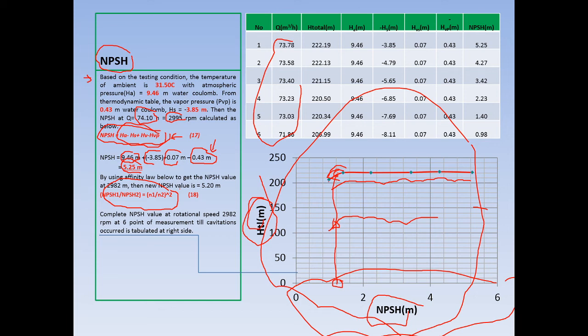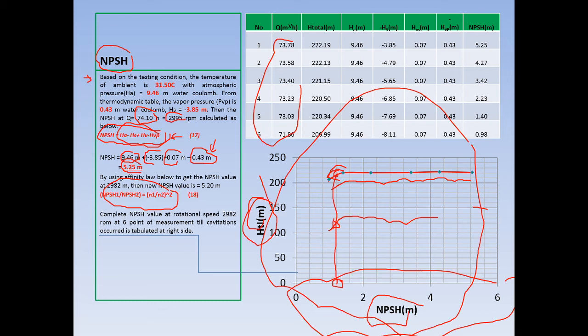So it means you cannot lower your pump, your reservoir point, below 5.25. If you put 5.25, the required head is 5.25 meters when there is a starting of cavitation at the specific point.